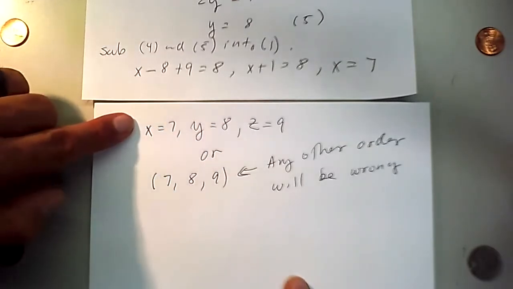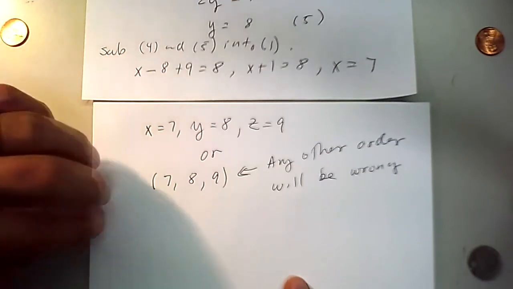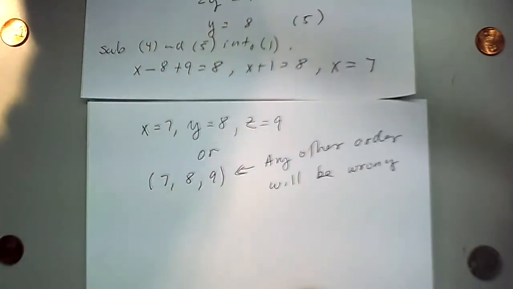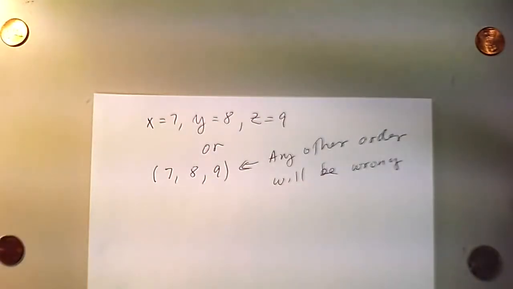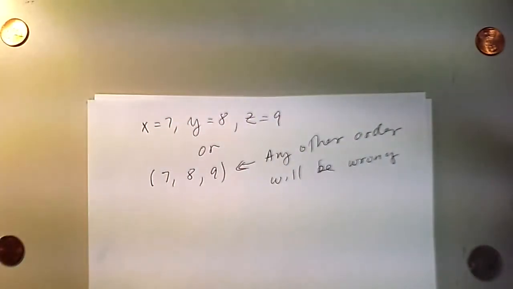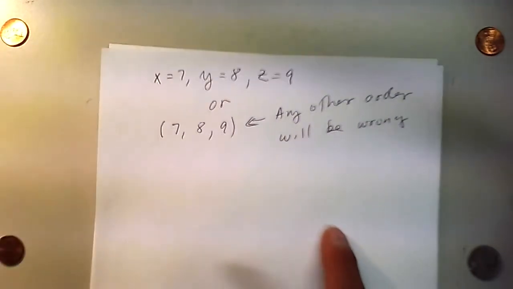You got to write the answer this way, or this way. So make sure you ask individual teachers which way they prefer. Yeah, and that is the prerogative of the teacher, I think, in my opinion. Yeah, so that is the elimination method, combined with the substitution method.